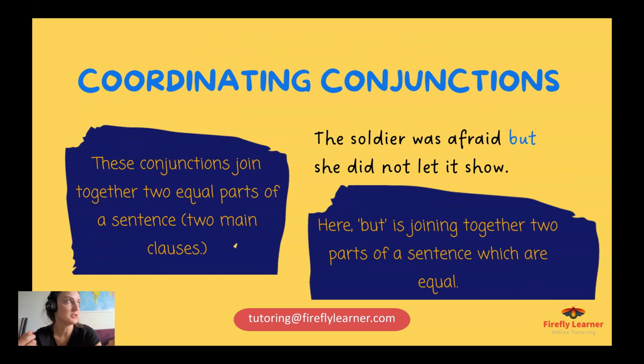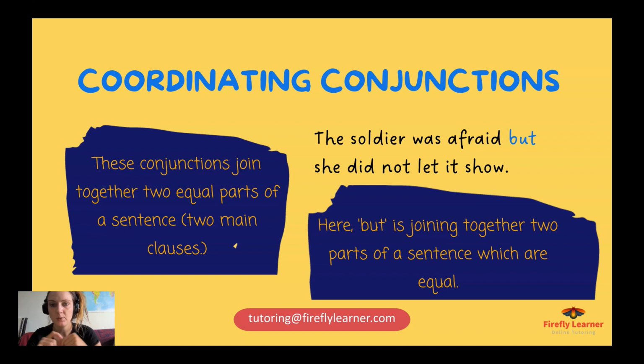For example, I could say, because it was raining, I took an umbrella. Because it was raining, that would be my subordinating clause. Because is a subordinating conjunction, so I'm joining it to I took an umbrella. But a coordinating conjunction you cannot start sentences with.